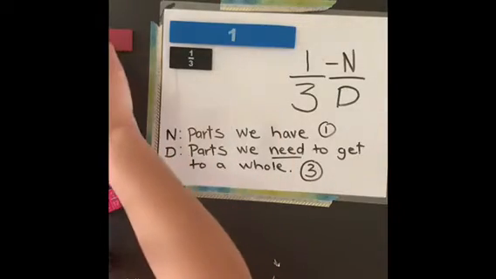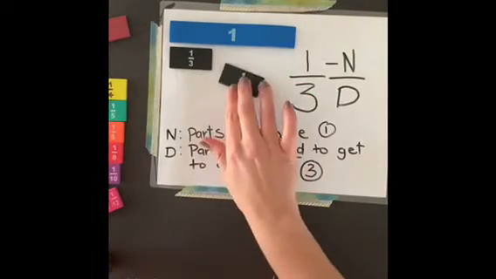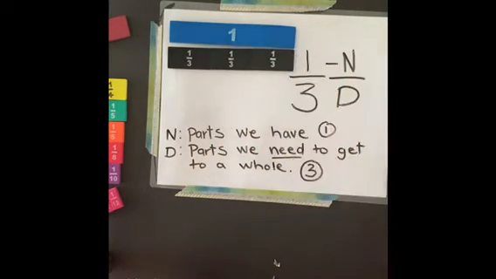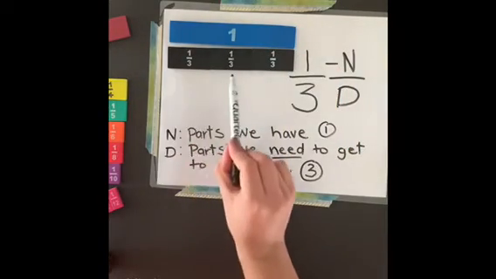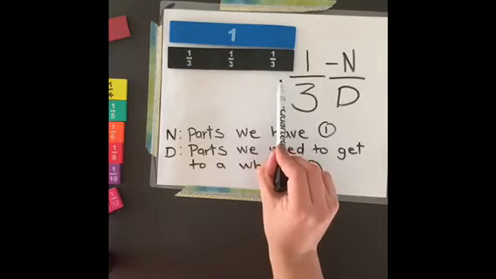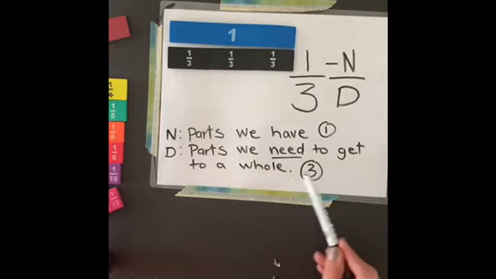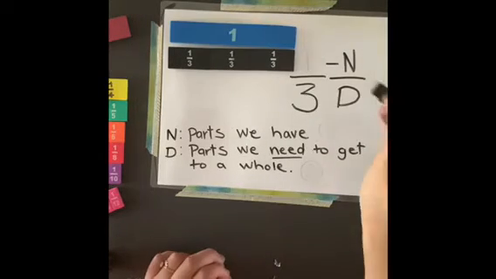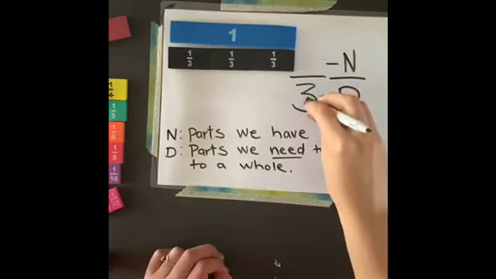But how do we know that? Well, if I were to take 1/3, add another third, and one more third, it would equal a whole. So the denominator tells me how many I need in order to make a whole.